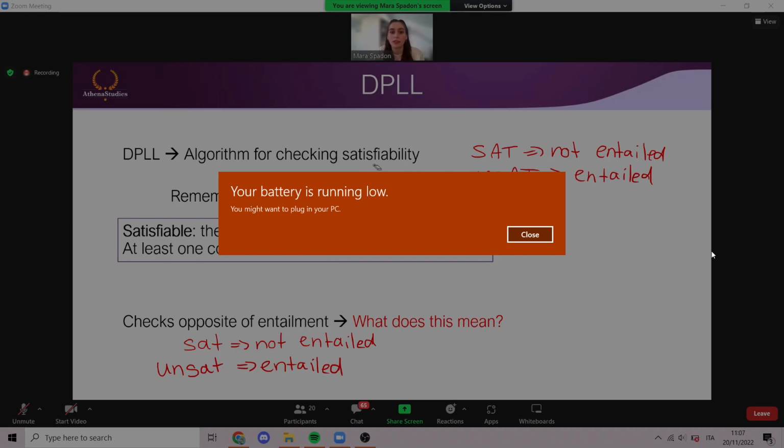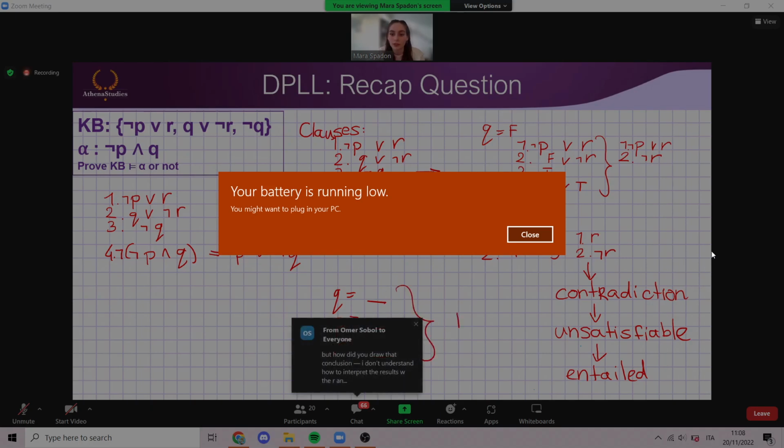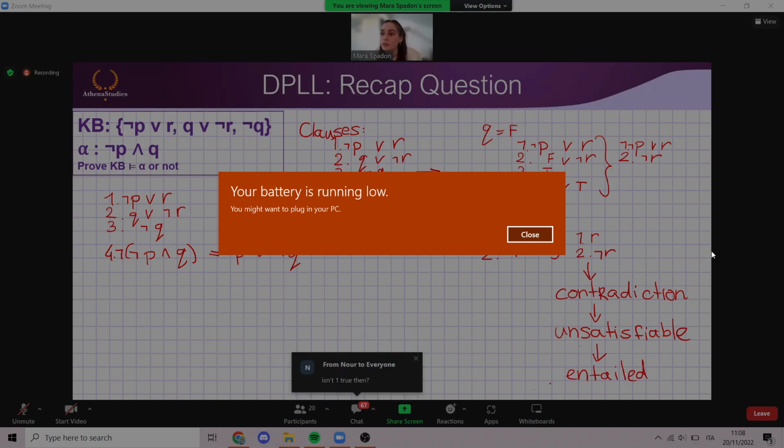So we need to find, is it satisfiable, yes or no? It is satisfiable when there is at least one model that yields true. Can we find something where if we set these variables to any value, we will yield true? No, we cannot. So that is why it is unsatisfiable. And because unsatisfiability is the opposite of entailment, we say it is entailed.